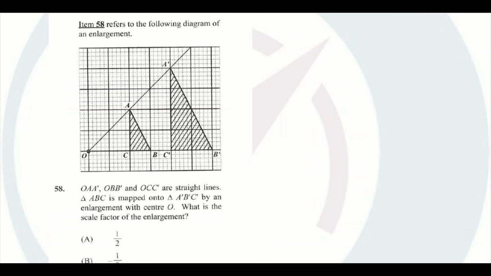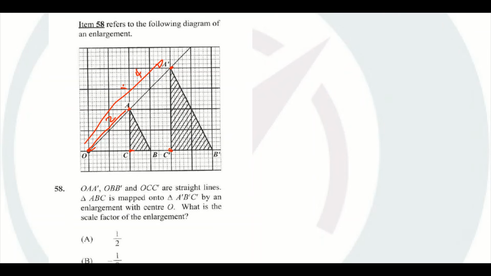Item 58 refers to the following diagram of an enlargement. O, A prime and O, C prime are straight lines. Triangle ABC is mapped onto A prime B prime C prime by an enlargement with center O. What is the scale factor of the enlargement? From O to A we went 2 places, then from O to A prime we went 4.